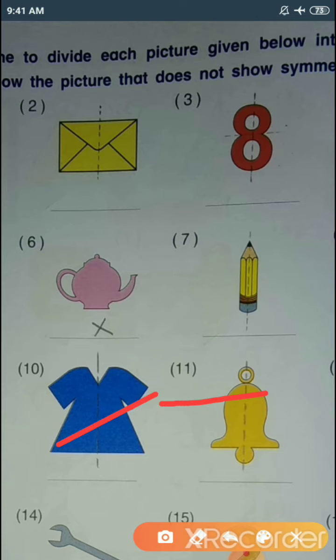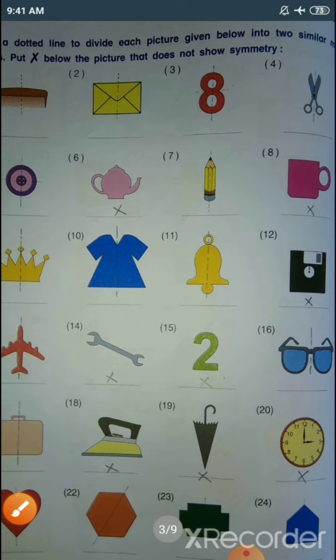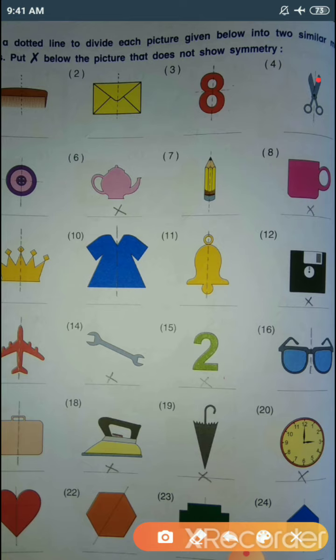Now, number 4. You can see here one scissor is given. So with the help of a vertical line, we can divide this shape into symmetry. So you can see here with the help of the vertical line, part 1 and the other side, part 2, look the same.